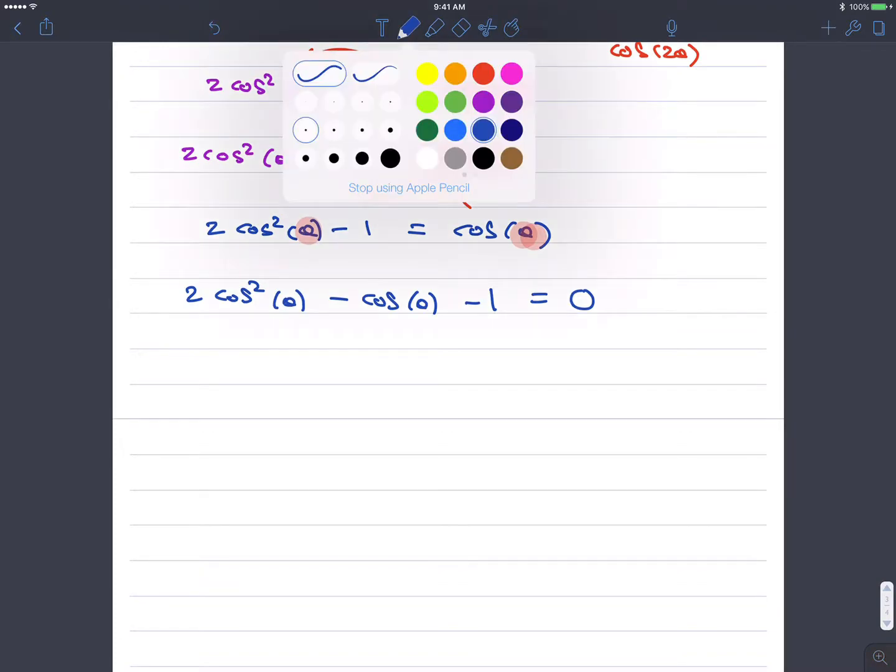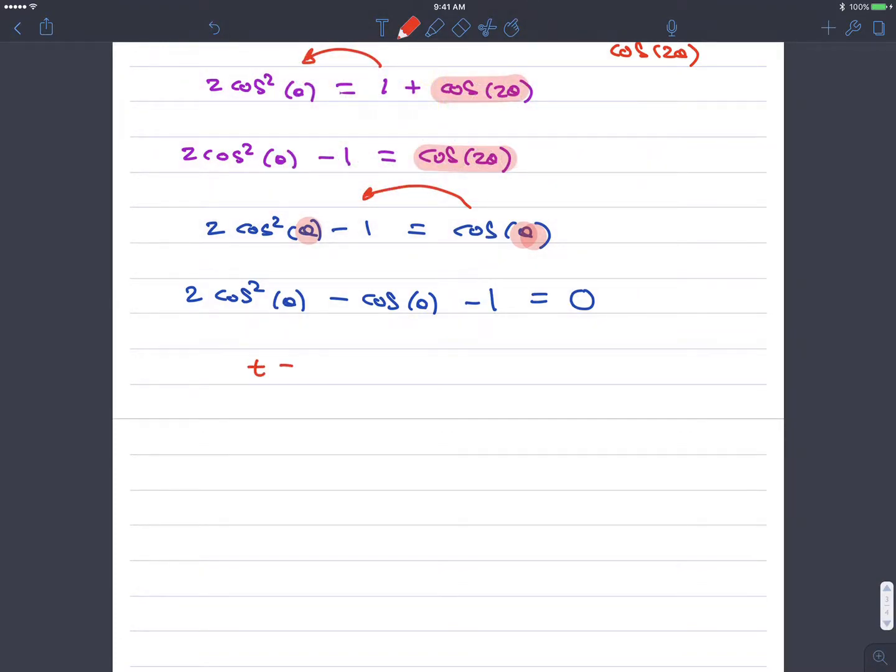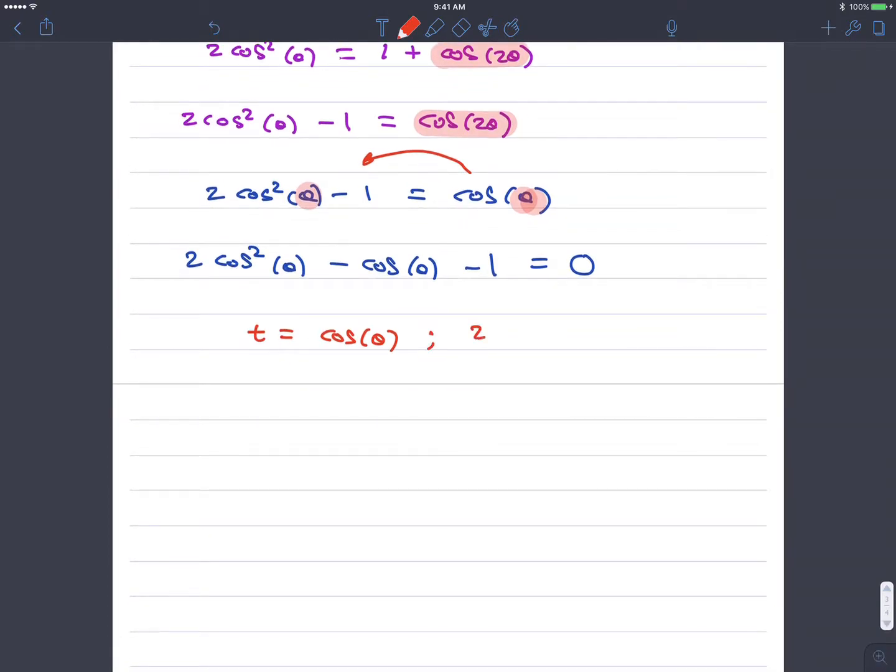So remember when we worked with the algebra the other day, yesterday, the other day, who knows? If I let t be cosine theta, what kind of equation does that give me now? Don't I get 2t squared minus t minus 1 is 0.